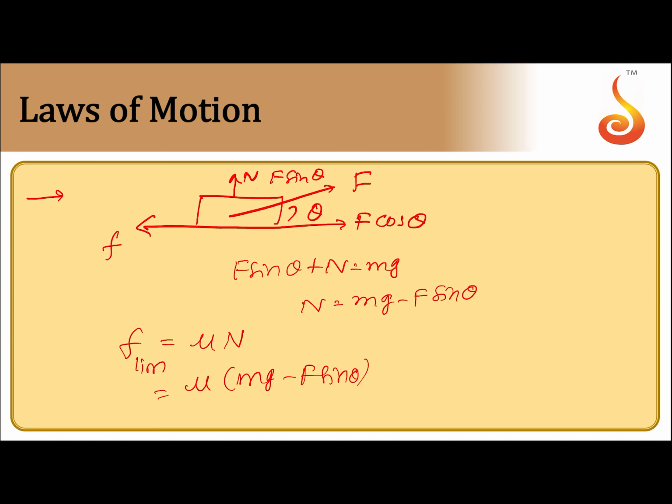Remember, this is limiting friction, when the object yields. However, if the object is not moving at all, before the limiting friction is reached, then friction is equal to F cos theta. Understand this concept.